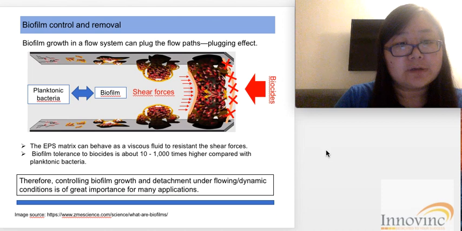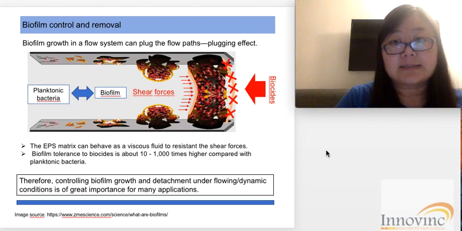So the biofilm tolerance to biocide is much higher compared to planktonic bacteria. Because of the high resistance of the biofilm, it is important to control biofilm growth and detachment under flowing or dynamic conditions.